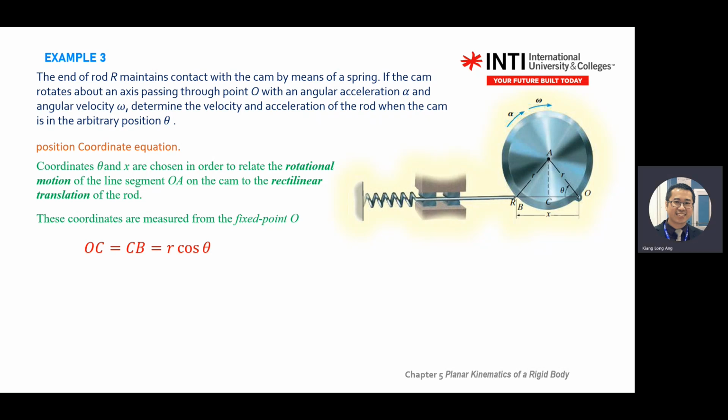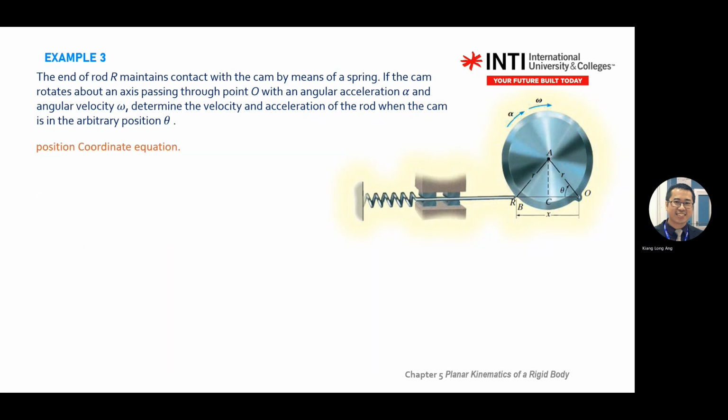How come this length will equal this length? Explain to me. The answer is 2R cos theta. Oh, this is basic mathematics, man.